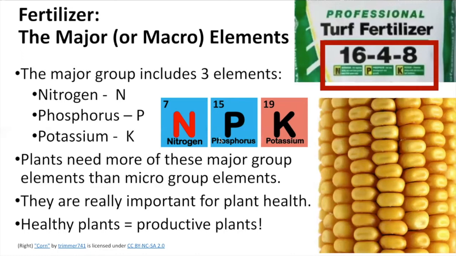Okay. As we look at these, you're going to say, okay, if we had a 100-pound bag of fertilizer, how many pounds of phosphorus are going to be in there? 4. If it's a 50-pound bag, how much is going to be in there? 2, because it's a 50-pound bag.